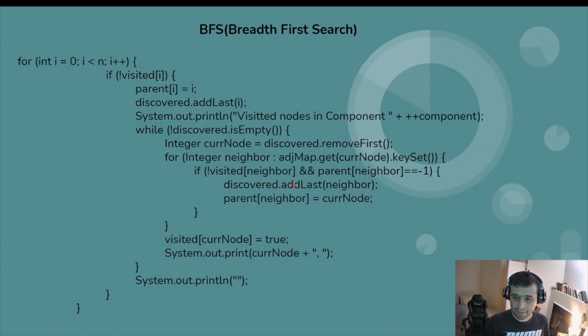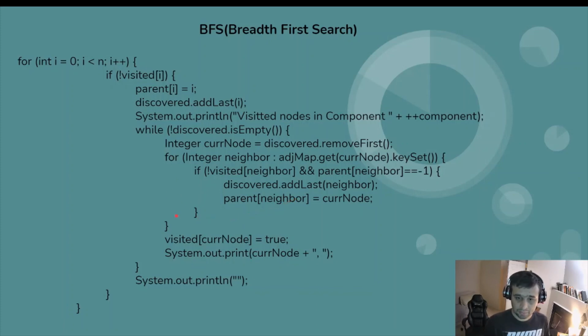We will add it to the discovered queue from the back, and then we will mark the parent of that newly discovered neighbor as the current node. So the current node will be the parent of the newly discovered neighboring node.